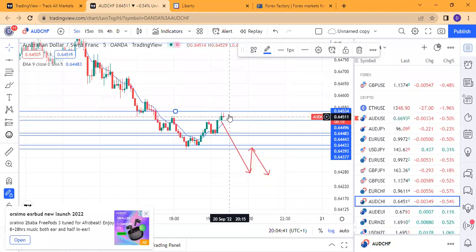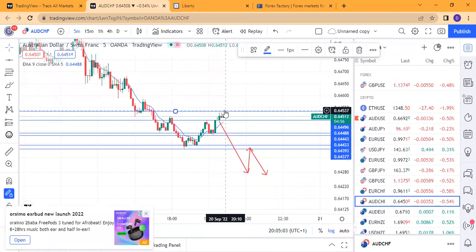You take the trade at the close of the present 5 minutes candle. Let's say this candle comes up here and closes at this point. This is when you should take the trade. The present candle takes it up, touches this zone at, let me say, 807, and remember that 3 minutes remain for that 5 minutes candle to expire.